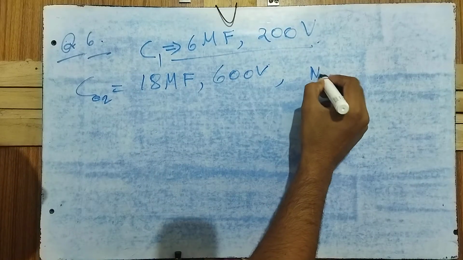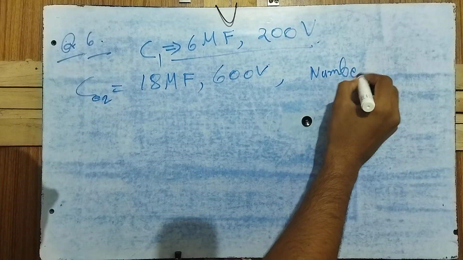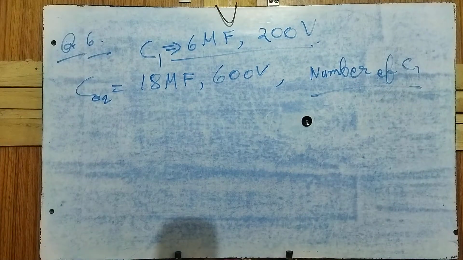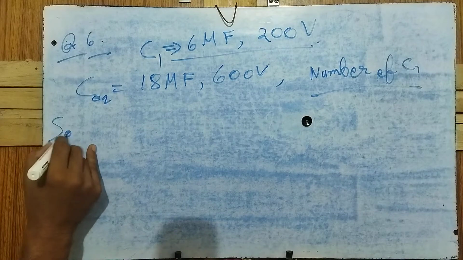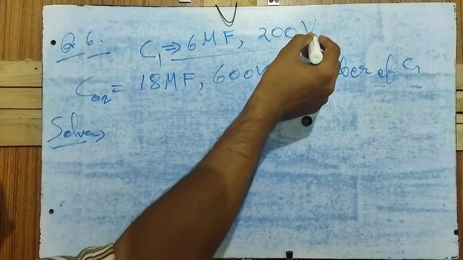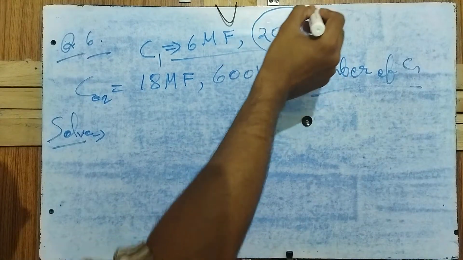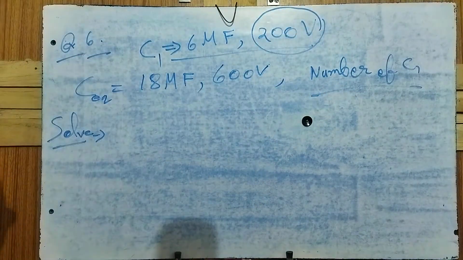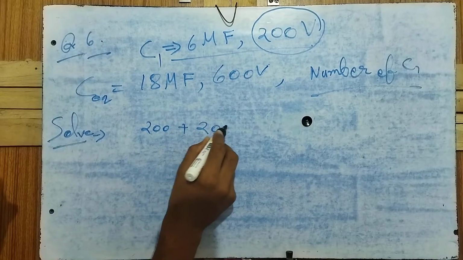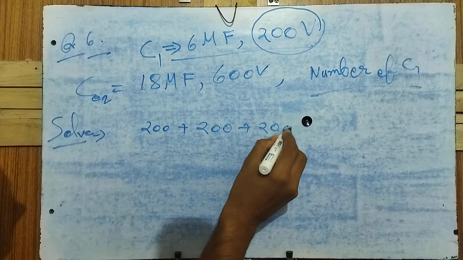Means number of C1. First number of C1 and how? So solve. First we will solve by using 200 volt and 600 volt. How? In series, that will be added 200 plus 200 plus 200, that will be 600.